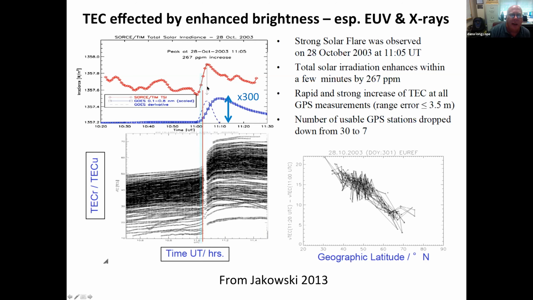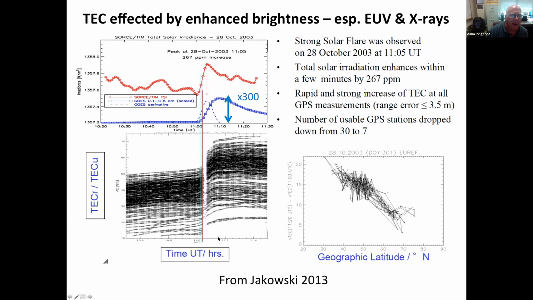This is one of the very few flares where they could actually see an increase in the overall luminosity. All the energy from the sun has gone up. There is the solar irradiance, the so-called solar constant. It increases by 10 to the minus 4. So in that sense, it's not a big increase in the brightness of the sun, but in the X-rays it is.